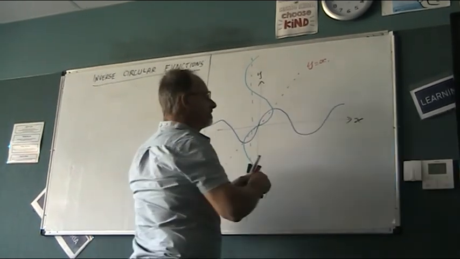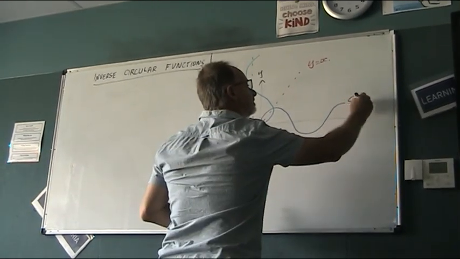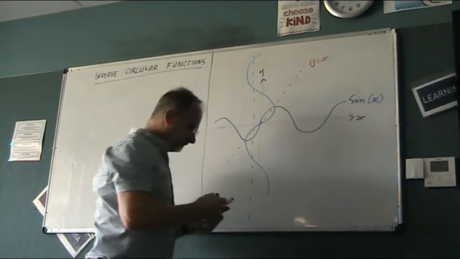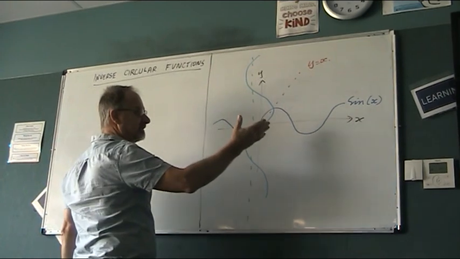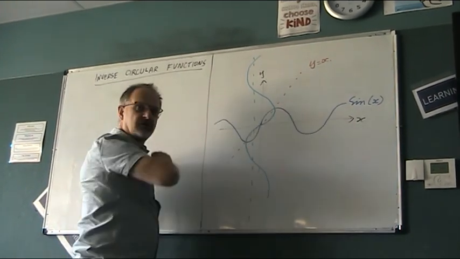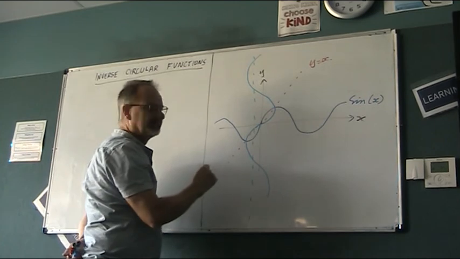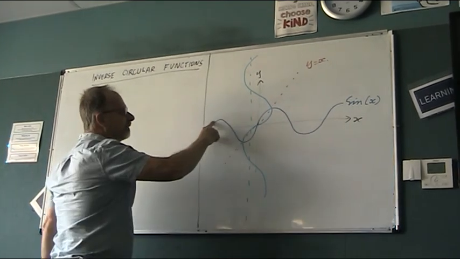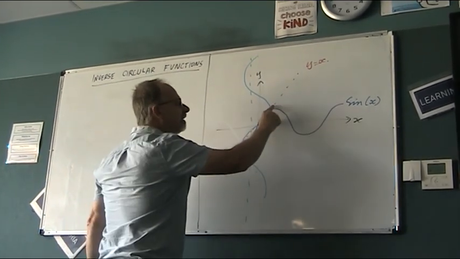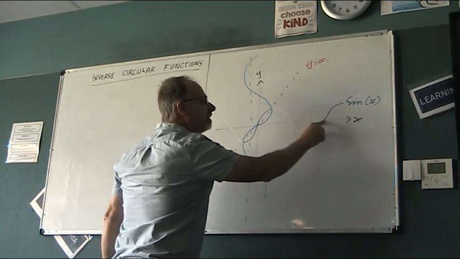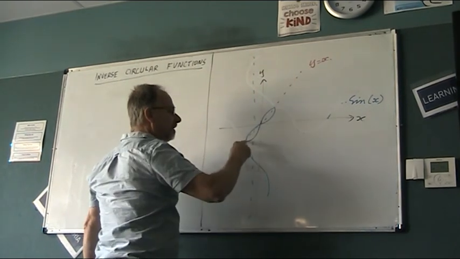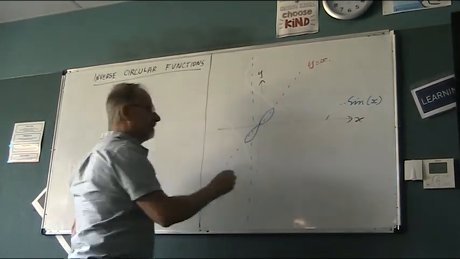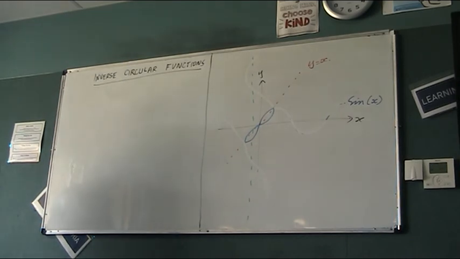So if that one's sine x, to get the inverse of sine x, we can't take the whole sine x, we can only take a bit of it. And so that's what we do. We chop out that part and we chop out that part, so that when we reflect it, we now get something that's a function.